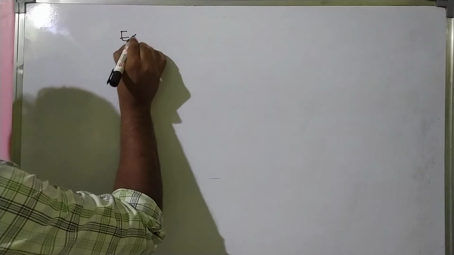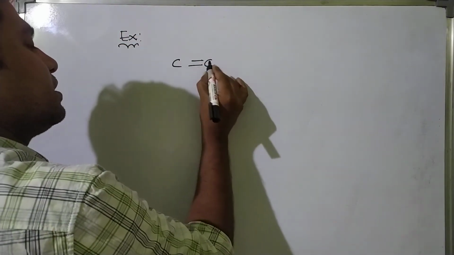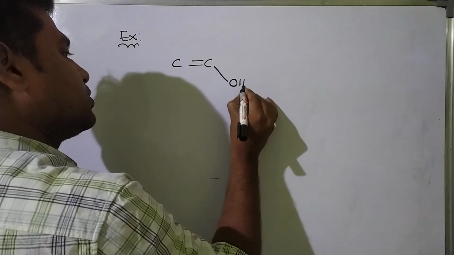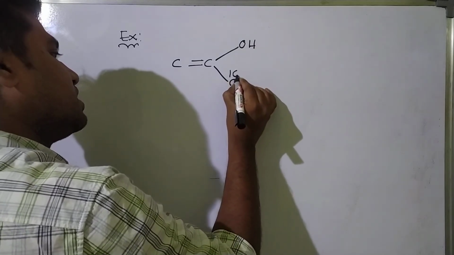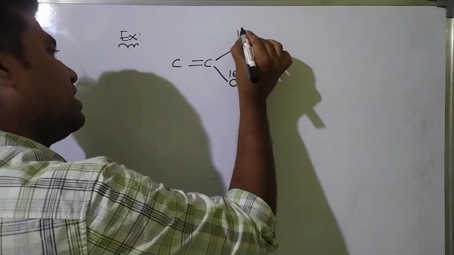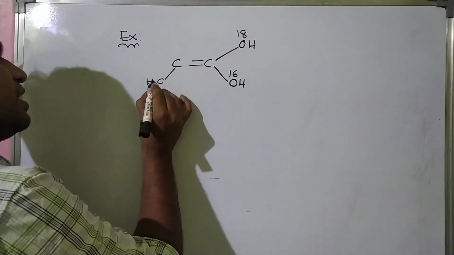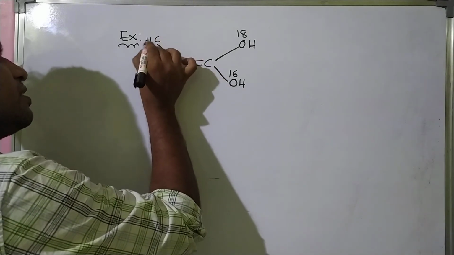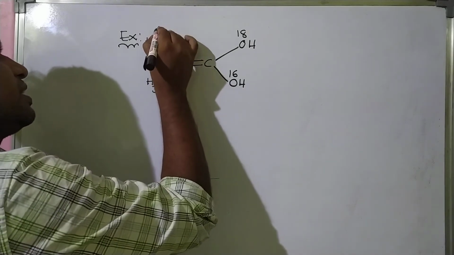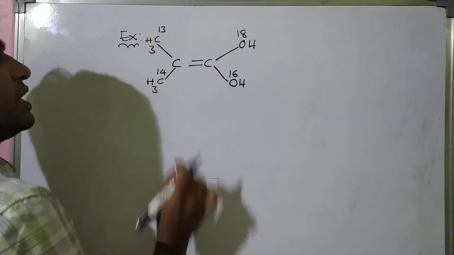And one more example. C double bond C. This is OH. Here oxygen 16 isotope, here oxygen 18 isotope. Here CH3, here also CH3, carbon 13 isotope, carbon 14.